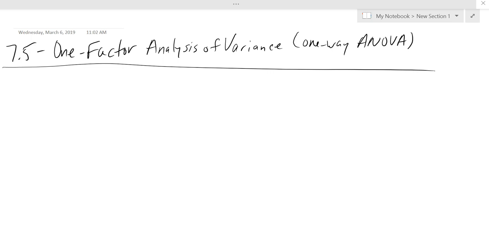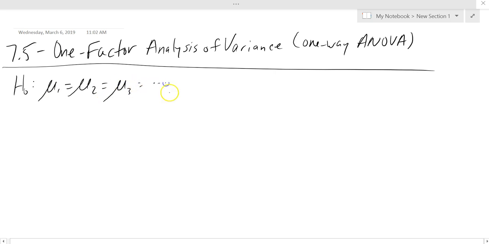So anyway, the idea behind the One-Way Anova is to test whether or not a bunch of means are all equal to each other. So the null hypothesis is that all of the means of all of these different populations, the book uses an M for that, are all the same.